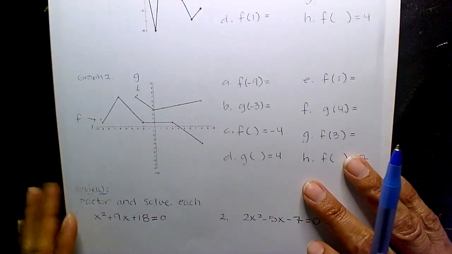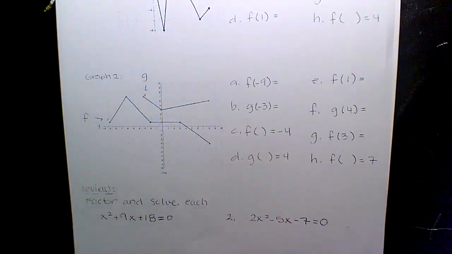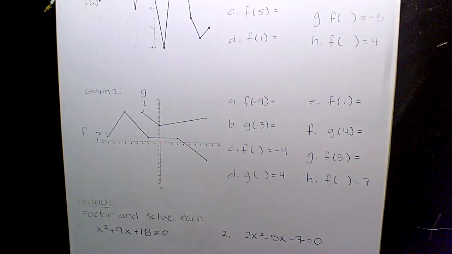And then on graph 2, you have 2 functions. What I would recommend is colors. It helps, if this helps you guys, because I would make a mistake. Okay, look.